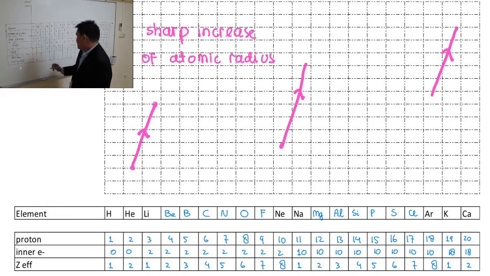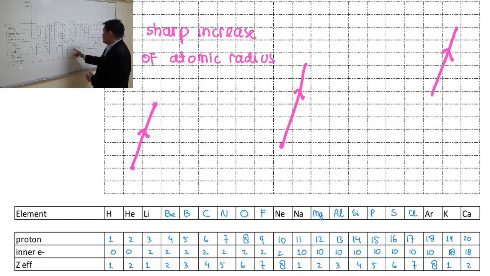So you're going to see an increase in the size of the atom from helium to lithium. And if you add 1 more shell, the effect will be very significant, so you're going to see a big jump from helium to lithium because you add 1 more shell.